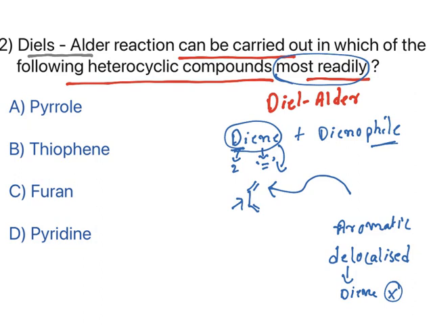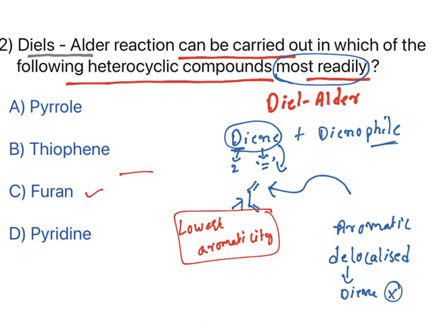So out of all these heterocyclics, our job is to find the heterocyclic with lowest aromaticity. I have discussed this in a previous video too. Among all these heterocyclics, the one with lowest aromaticity is furan. Why furan? Because furan has an oxygen heteroatom. Though oxygen has 2 lone pairs of electrons, oxygen is a very electronegative atom, 3.44.